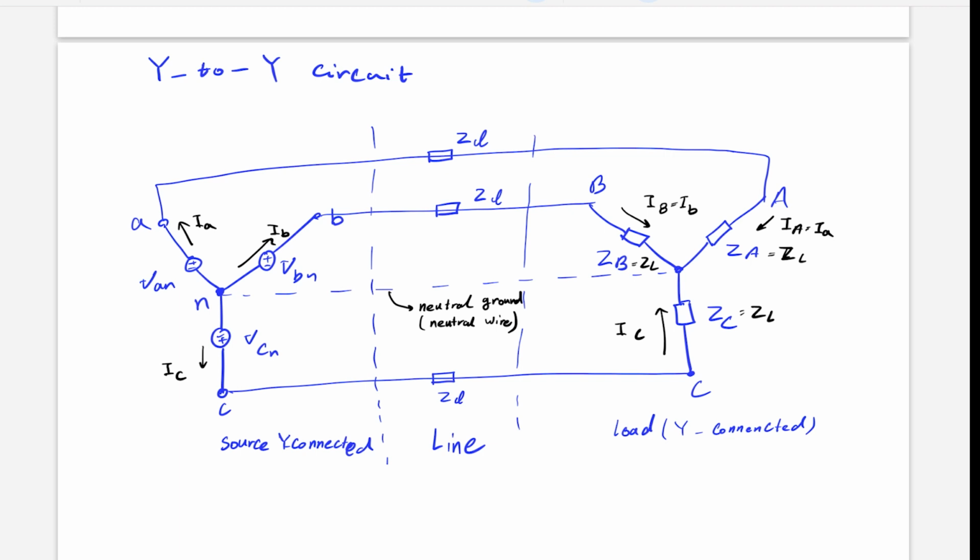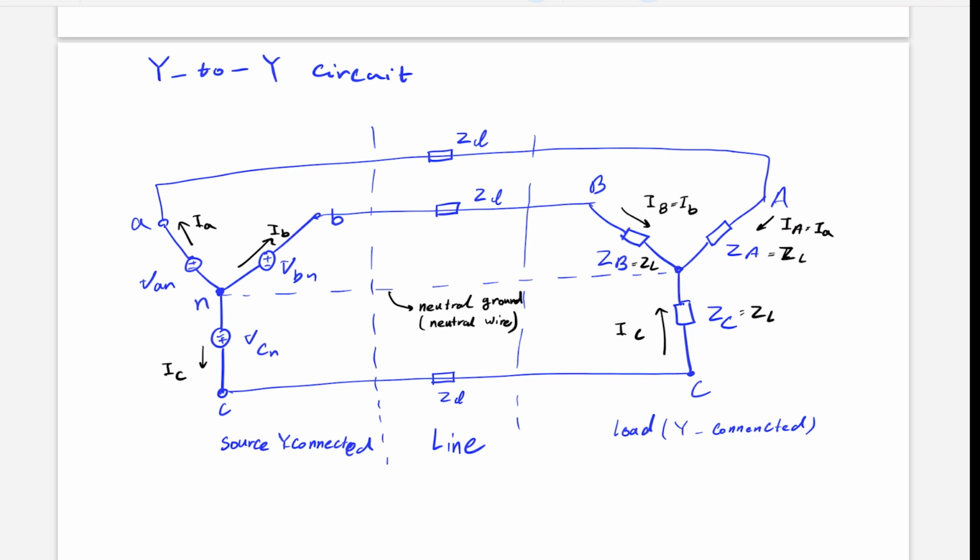As you can see, we represented the source side with little letters A, B, and C. And this is also the source VA, and we talked about them. And on the load side, we have ZA, ZB, and ZC, and their impedances are all equal to each other.